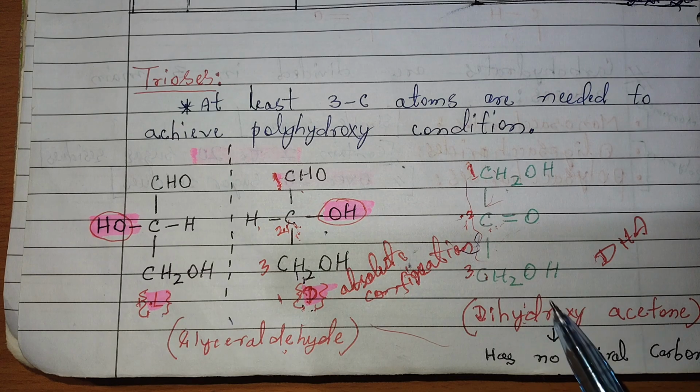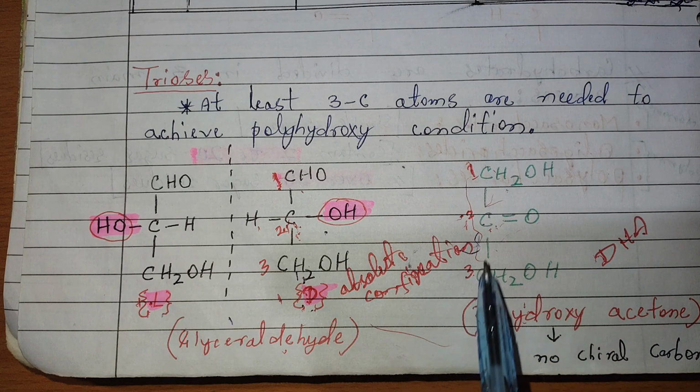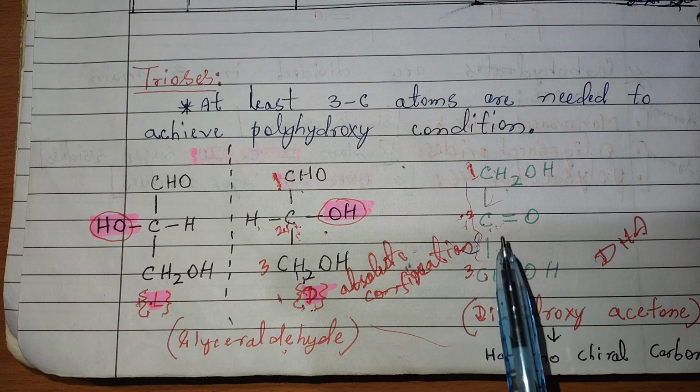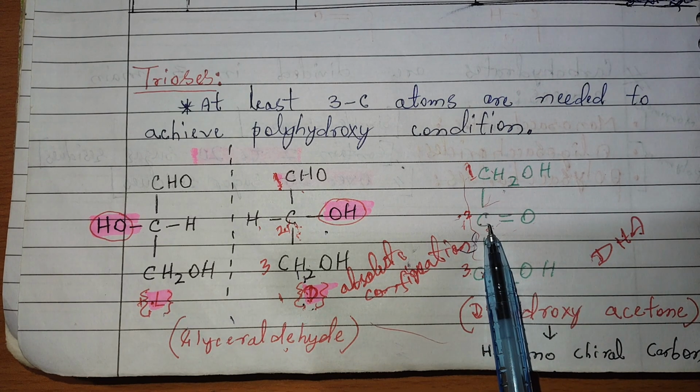Here on the right side of the sheet, written in green color, is the structure of dihydroxyacetone. I have not designated any D or L form to dihydroxyacetone. Why? Because dihydroxyacetone does not possess any chiral carbons.